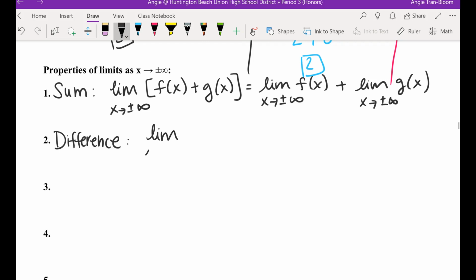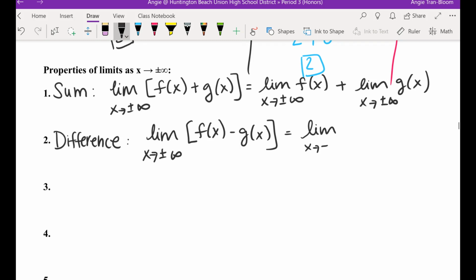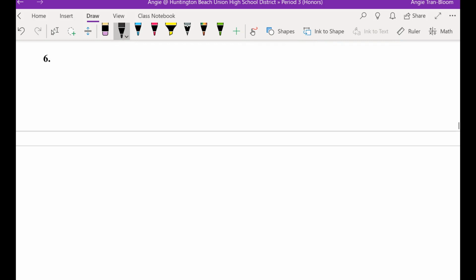So the limit as x approaches positive or negative infinity of f of x minus g of x is the same thing as saying the limit as x approaches positive or negative infinity of f of x, minus the limit as x approaches positive or negative infinity of g of x.